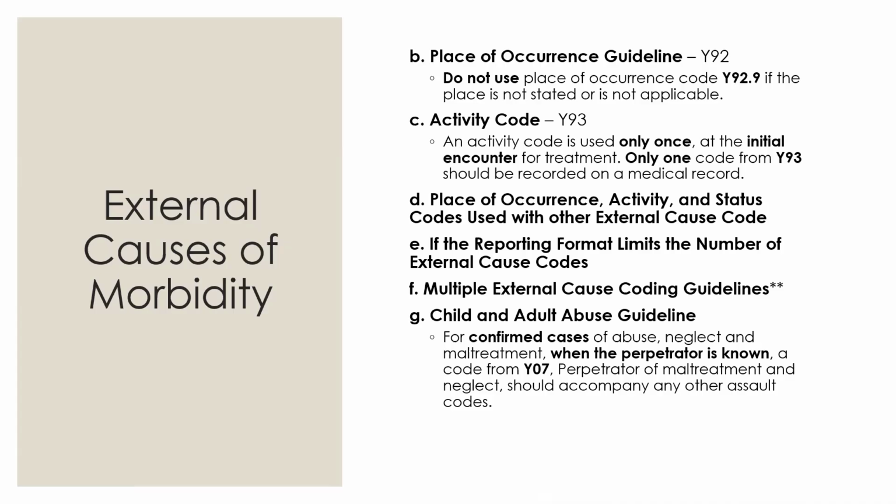For confirmed cases of abuse, neglect, and maltreatment, when the perpetrator is known, a code from Y07, perpetrator of maltreatment and neglect, should accompany any other assault codes. For additional information on this, you can see section IC19, adult and child abuse, neglect, and other maltreatment.